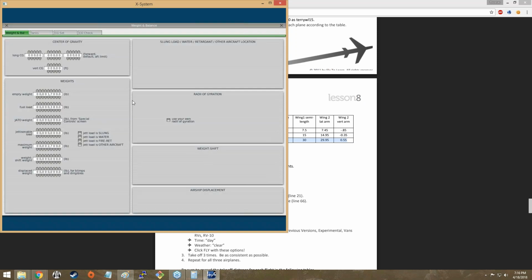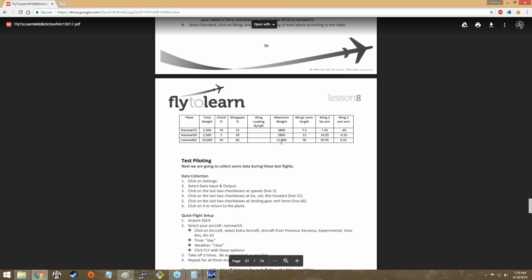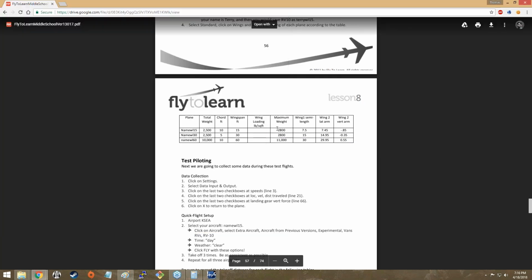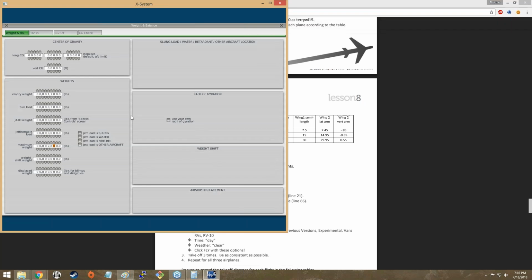There we go. Oh, you are totally right. You increase the maximum weight on the other ones too. I thought these were the default values, but it turns out I was thinking of the last time I did this. Well, that's silly of me.